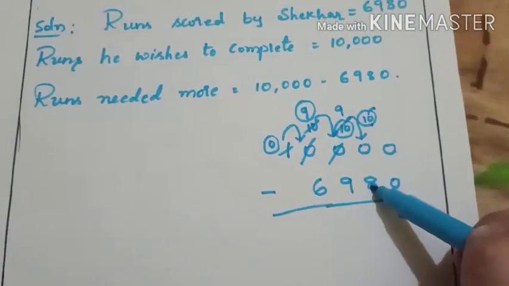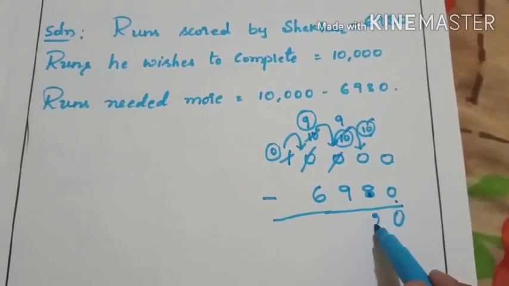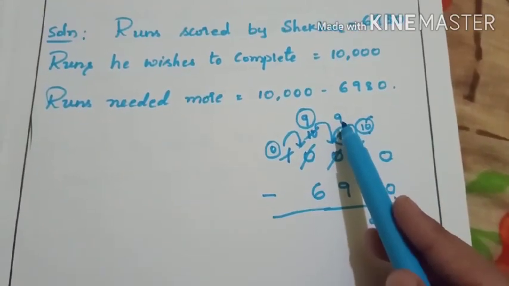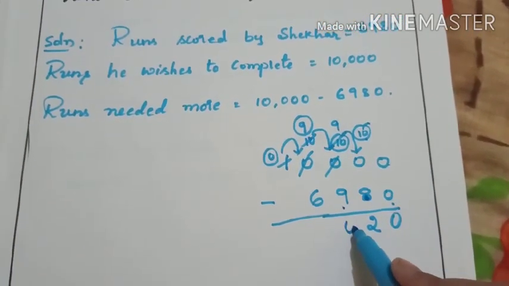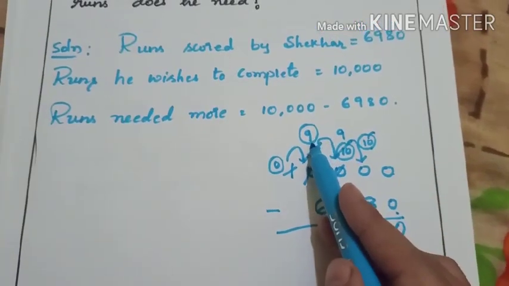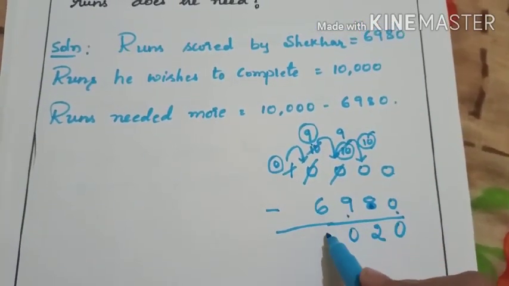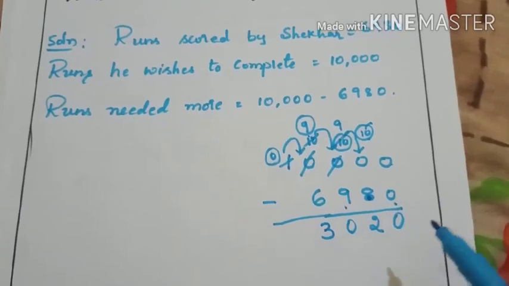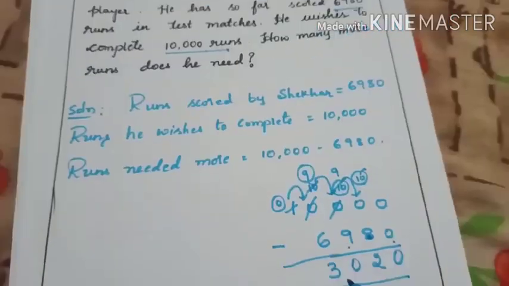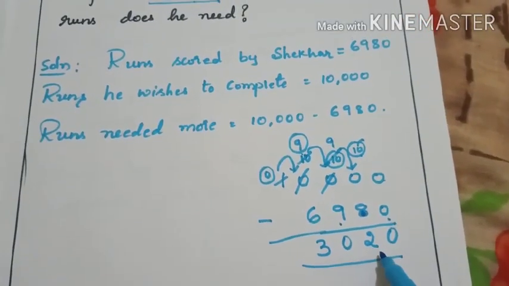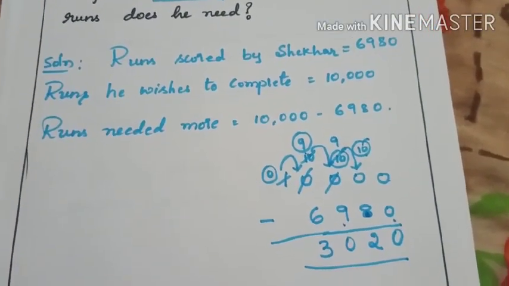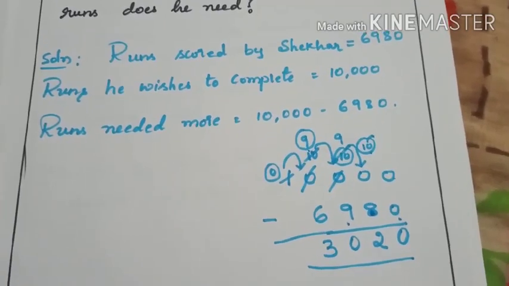So 10 minus 8 is 2. Look at this place. 9 minus 9 is 0 and 9 minus 6 is 3. Shekhar needs 3,020 runs more to reach his target.